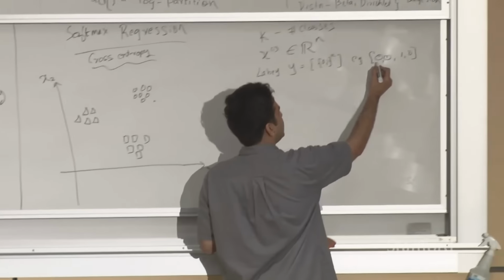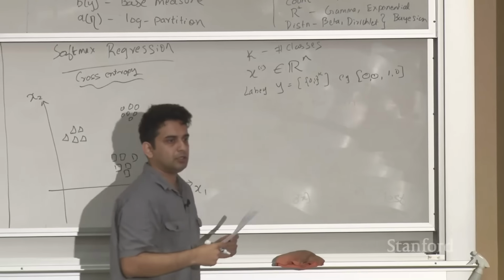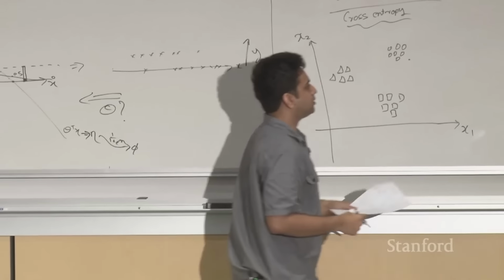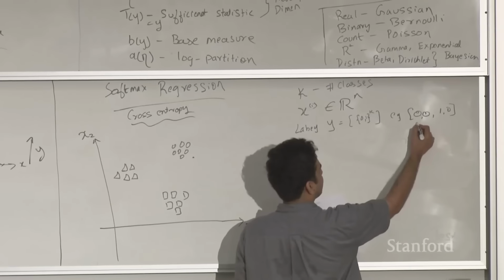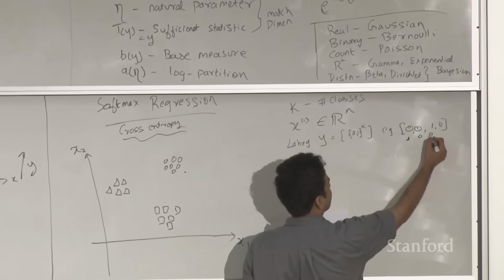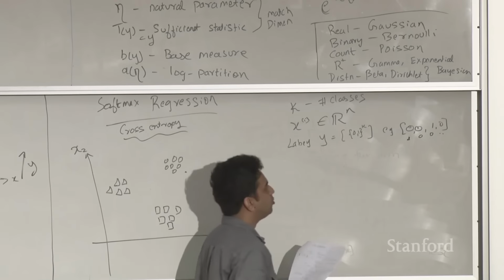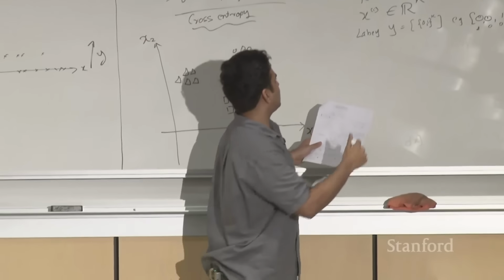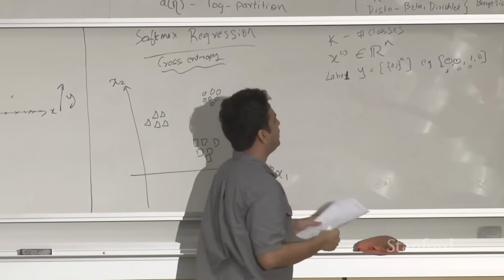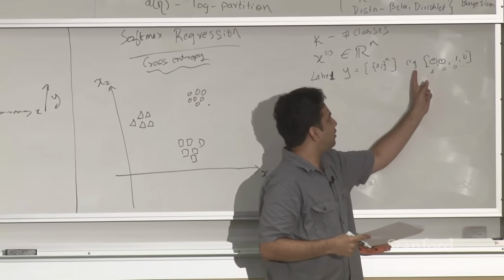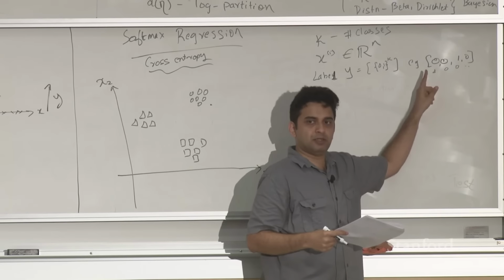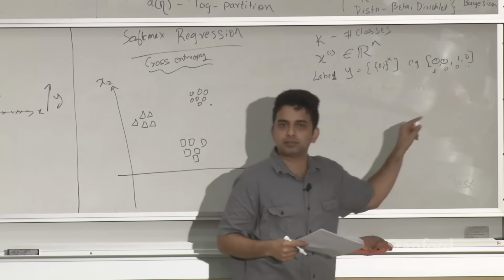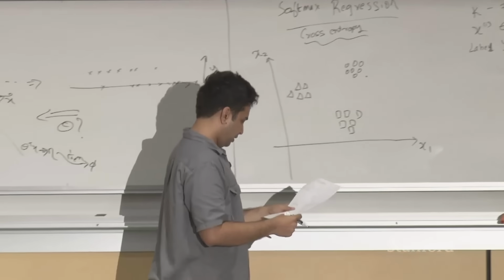Each element in the vector corresponds to one of the classes, so this may correspond to the triangle class, circle class, square class, or something else. So the labels are in this one-hot vector, a vector filled with zeros except with a 1 in one of the places.